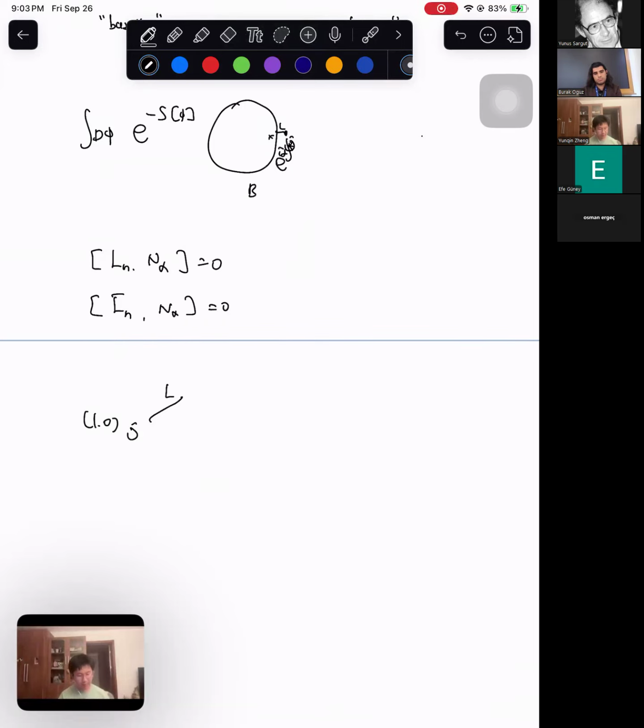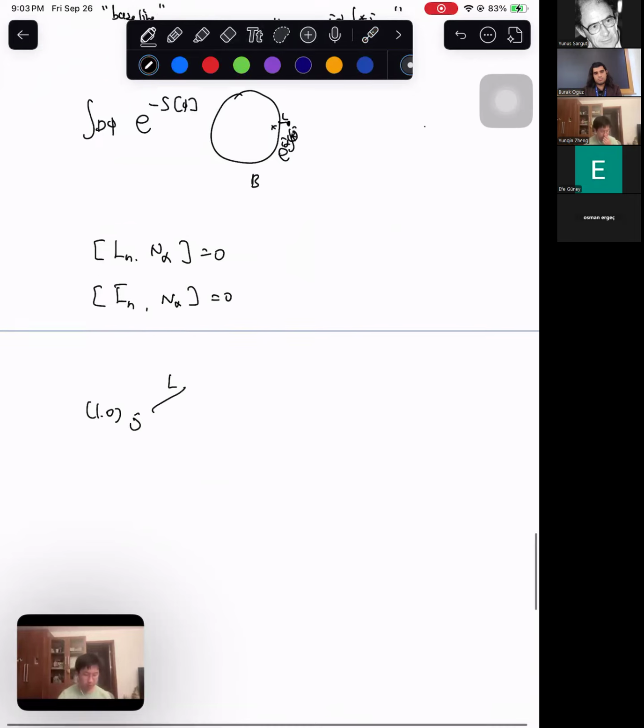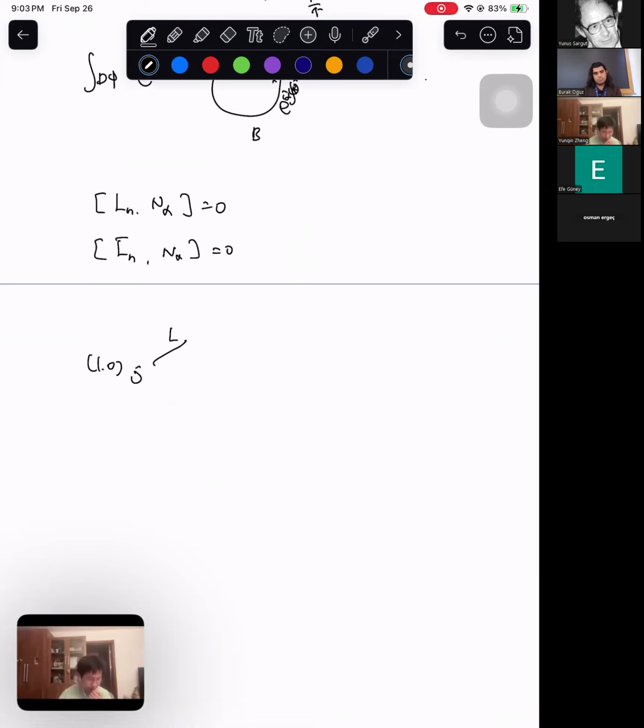It turns out that this operator exists ubiquitously in many CFTs in 1+1D. So I can give you a list of examples. The simplest example is the c equals 1 CFT.